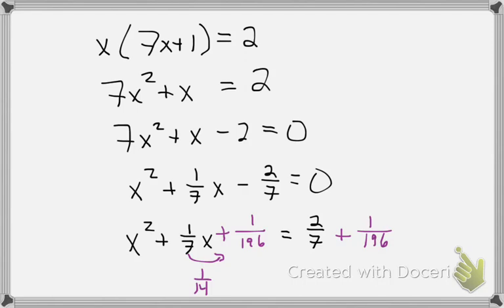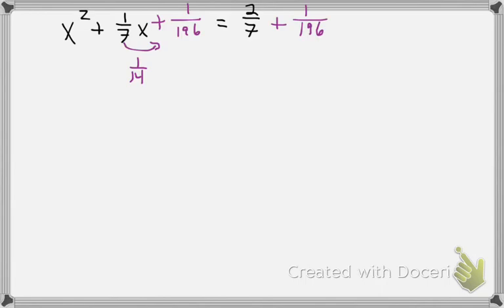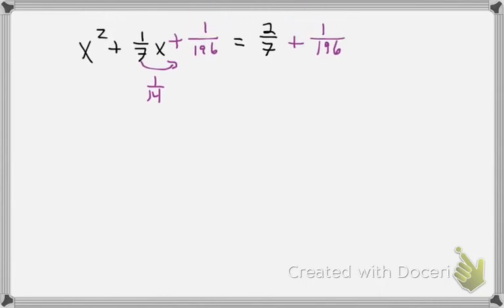I ran out of room, so I'm going to go to the next one. So, on purpose, we made a perfect square trinomial on the left, and we know how it factors: x squared plus 1/7 x plus 1/196 is x plus 1/14, squared.